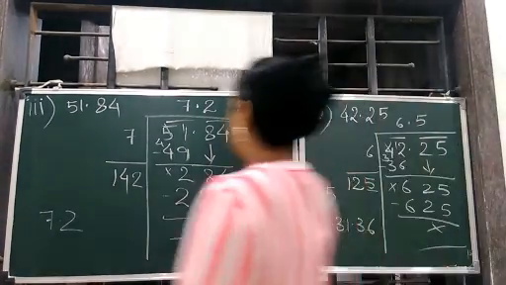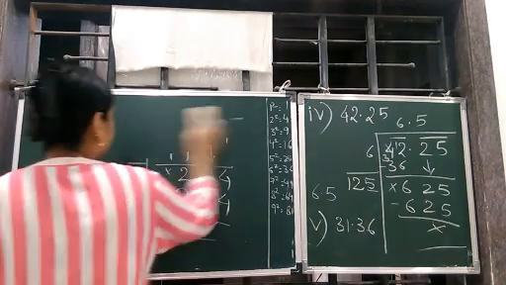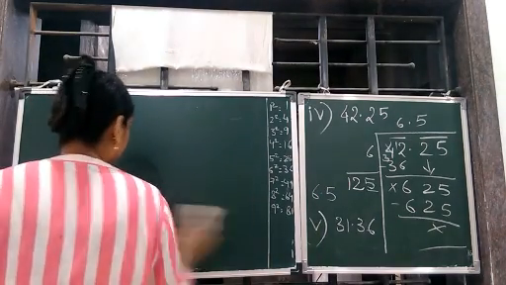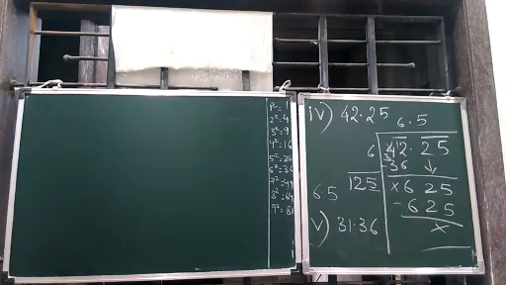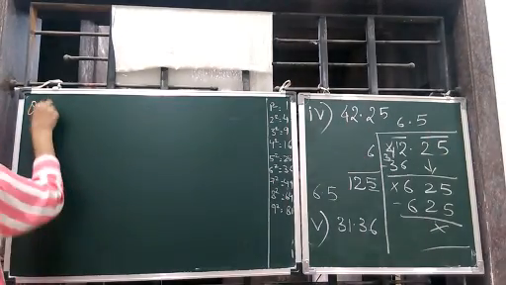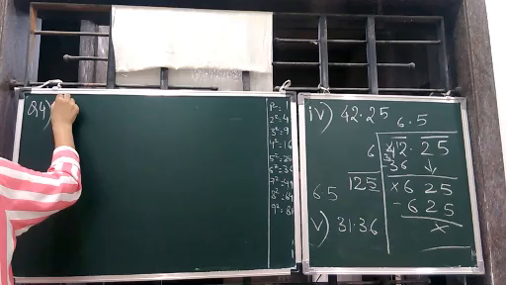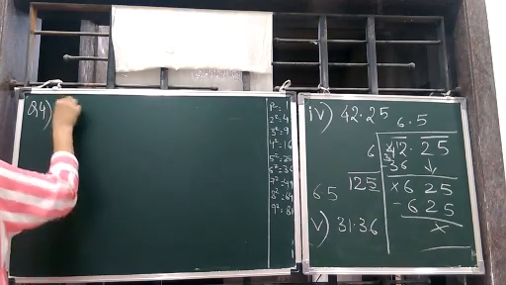Starting with the fourth question now. We have to find the least number to be subtracted so that the number formed should be a square number.